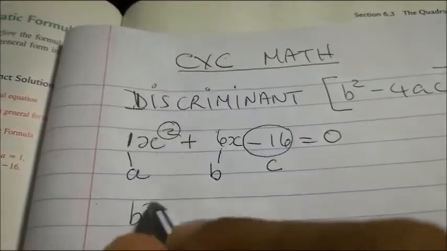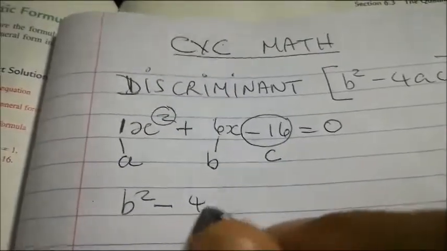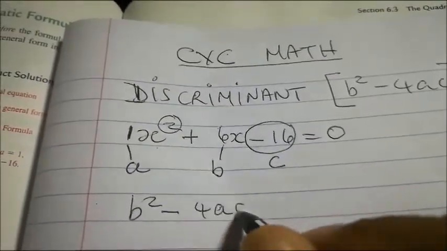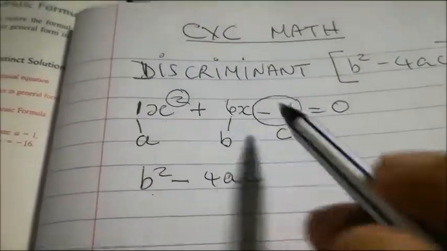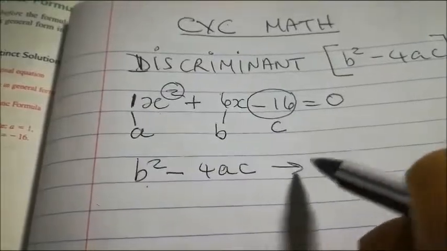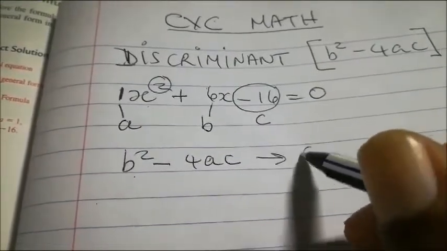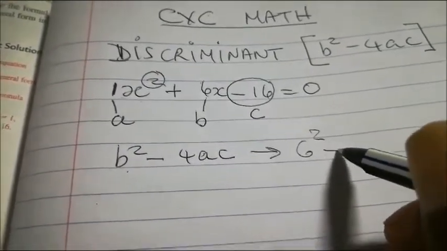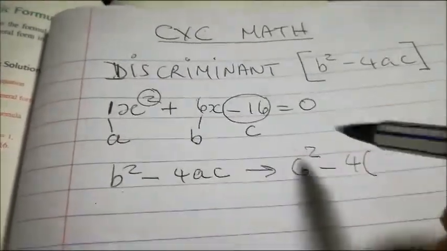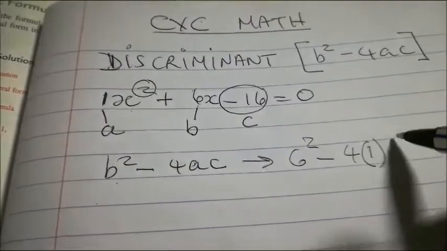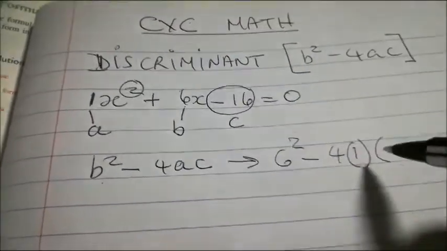Now we have b squared minus 4ac, right? Now b is 6, so this is going to be equal to 6 squared, then we have minus 4, a is 1, and c is minus 16.